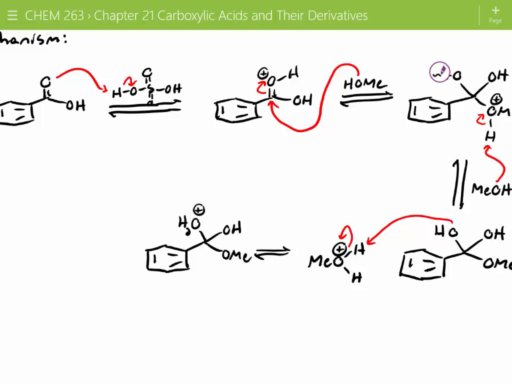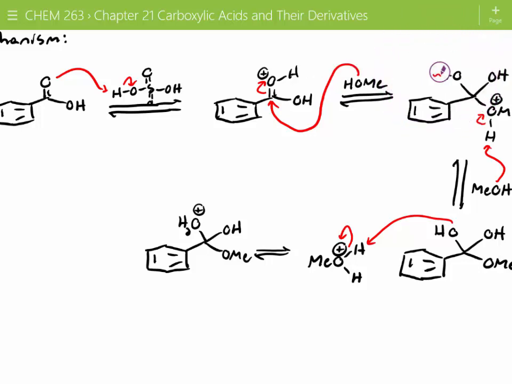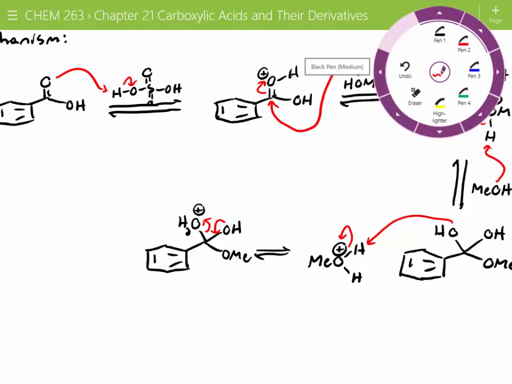Okay, what happens next? Yep. And that's why we need to protonate our alcohol, is we don't want to have hydroxide get kicked off with a negative charge. Hydroxide's a poor leaving group, and we don't want to see negative charges.